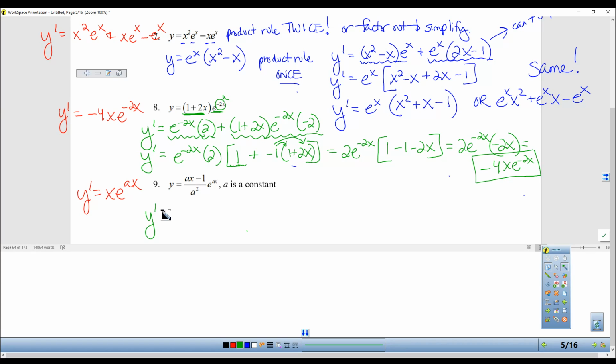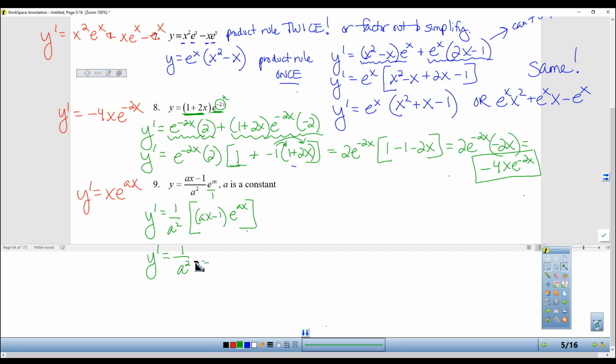So the first thing that I would do is I would take the 1 over a squared out. And then I have ax minus 1 times e to the ax and kind of put them on the same plane, as it were. So this is like this. That way I can have the numerator times the numerator, and I just took that denominator out because it really doesn't matter.